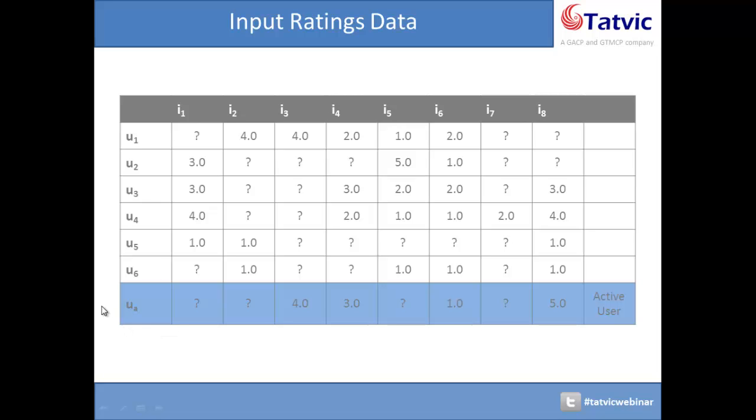Here is my active user, which is named UA. I want to identify the similar users of this active user, and I will use a cosine similarity metric to do so.